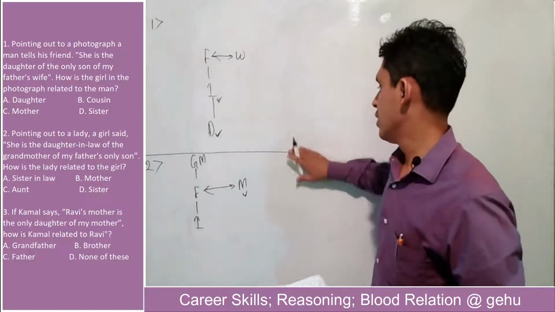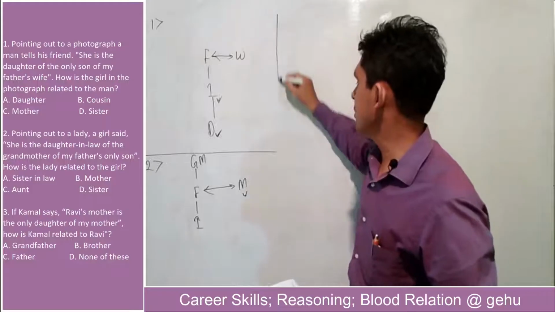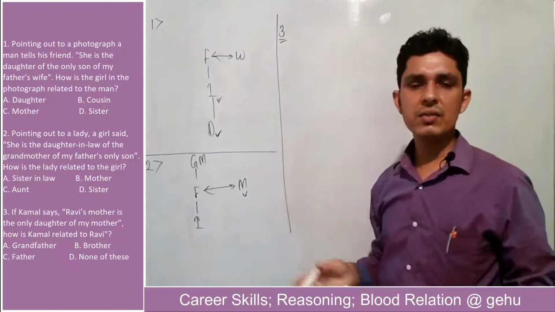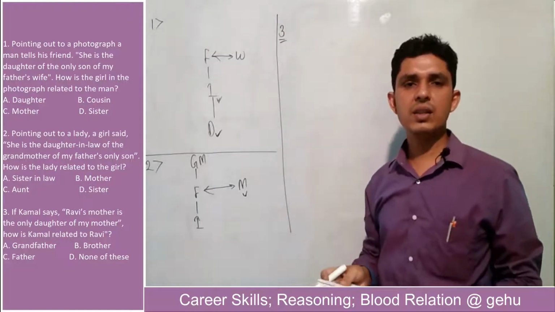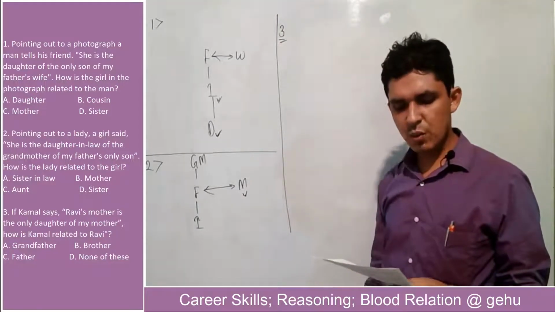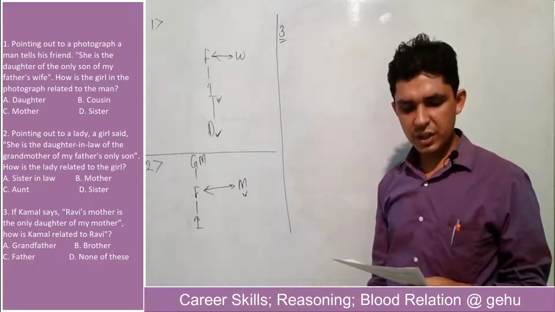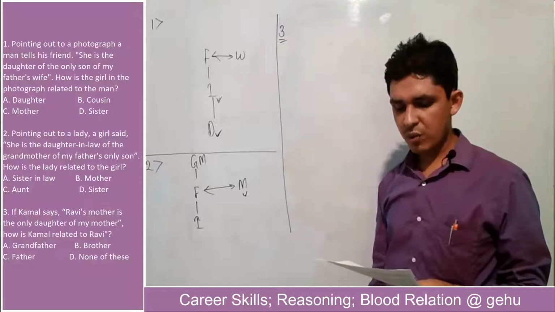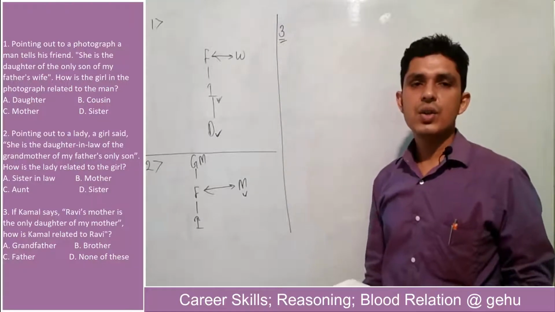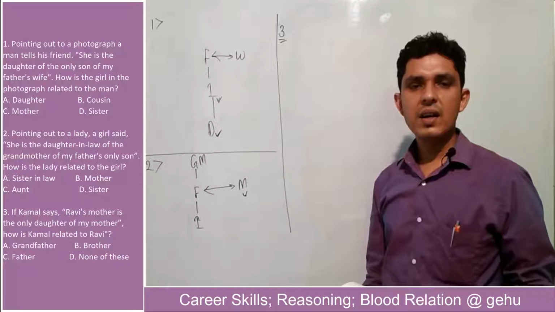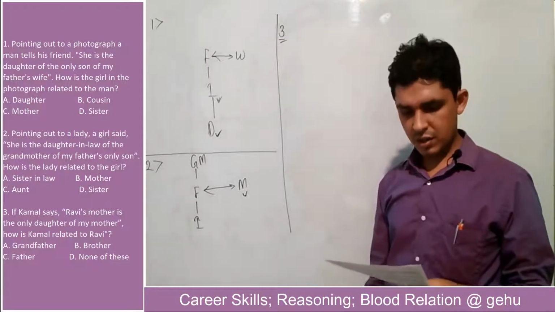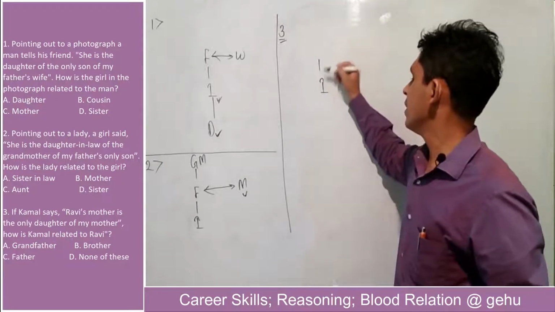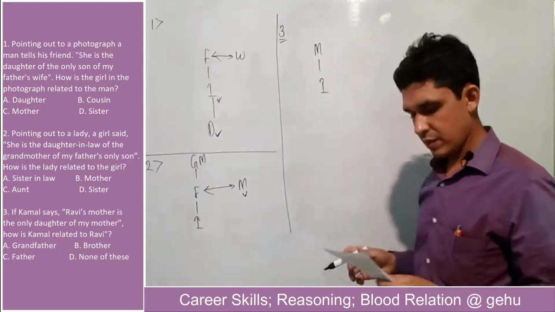Okay, coming to the next question, question number 3. We just have to make the arrangement, and we can easily find out how the relationship is. Third question is, if Kamal says Ravi's mother is the only daughter of my mother, then how is Kamal related to Ravi? So again, I start with my mother, right?